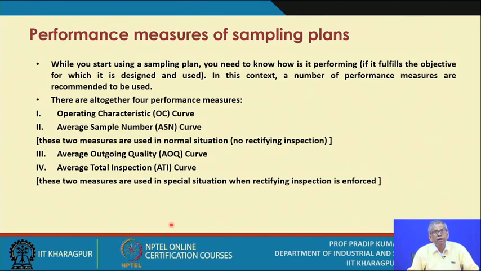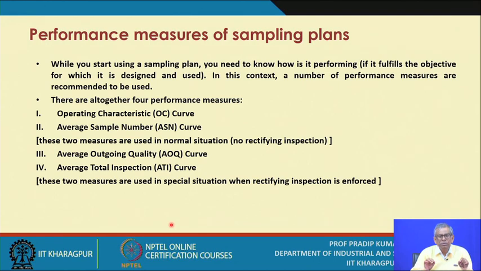Is it okay? Now here we'll be referring to the performance measures of the sampling plans, and there could be two types of situations: a normal situation, or a situation where rectifying inspection is used. What do you mean by the normal situation? That means where there is no rectifying inspection. And if you have a special situation, that means rectifying inspection is enforced, then what could be the performance measures?